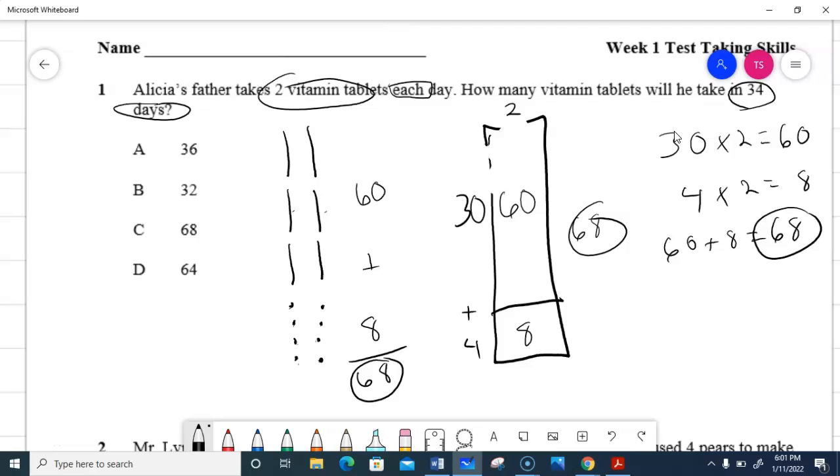Okay, and the standard algorithm way of doing it, I could do 34 times 2. That's 2 times 4 is 8. And then 2 times 30 is 60, or 2 times 3 is 6, and that would be 68. So that's 4 different ways to model that problem, and my correct answer would be C.